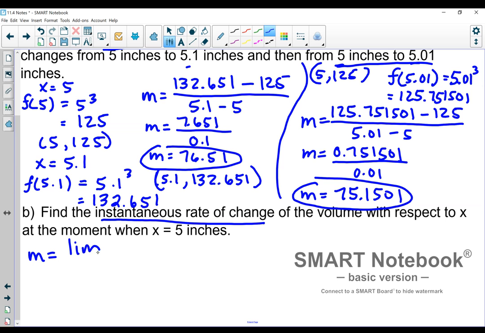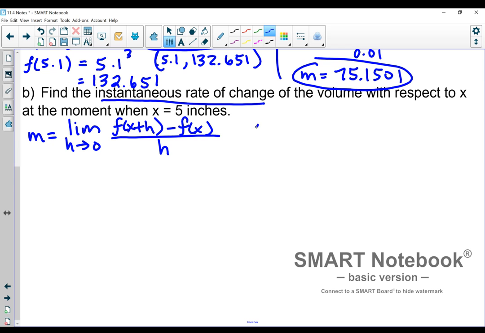So I want to do my limit as h goes to 0 of f of x plus h minus f of x all over h. So first I'm going to take that function. Remember, my function is f of x equals x cubed. And the first thing I'm going to do is use x plus h instead of the x.